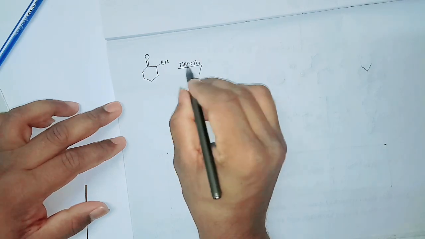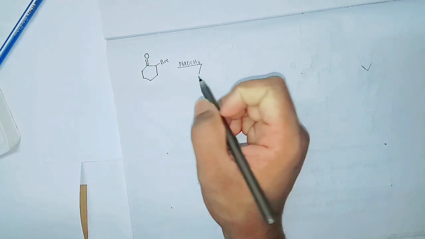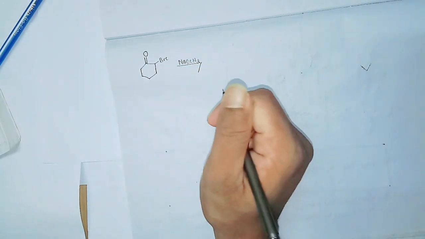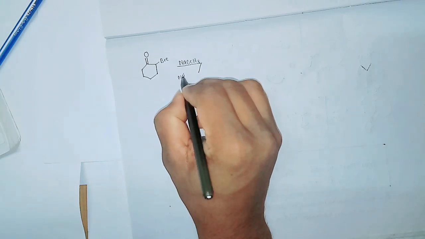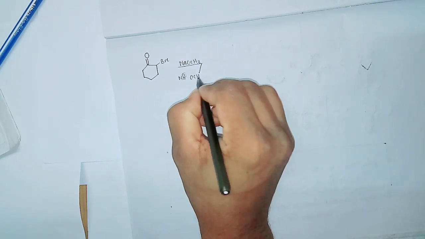So this is the base catalyst. So what is the product? We know that this is Na plus OCH3 minus.